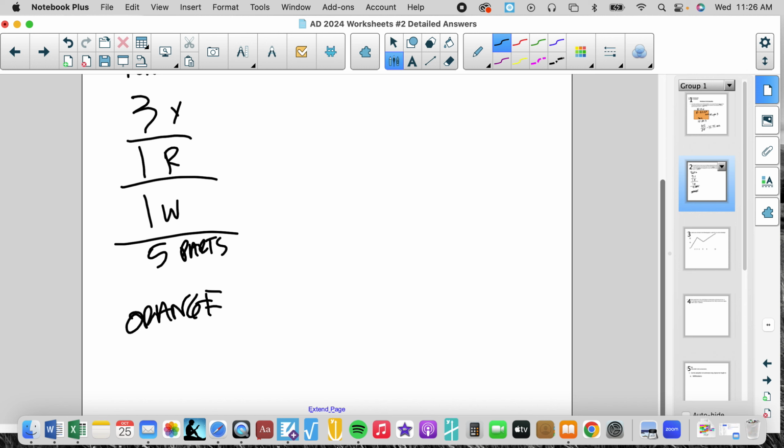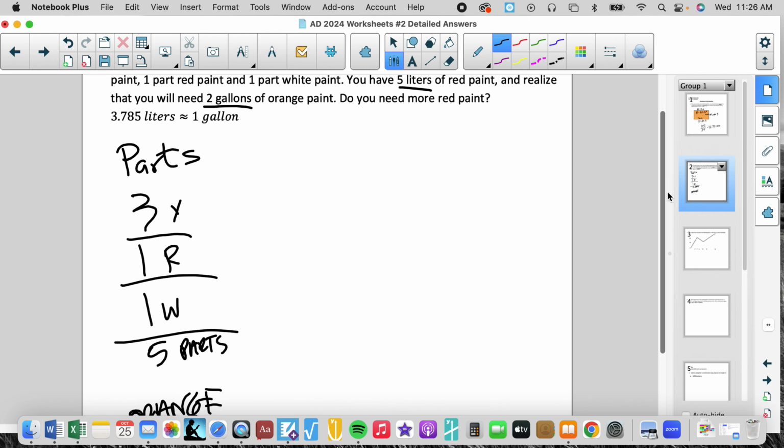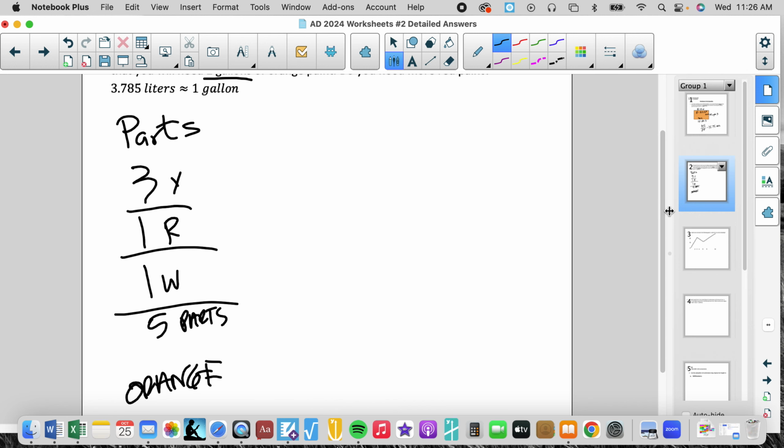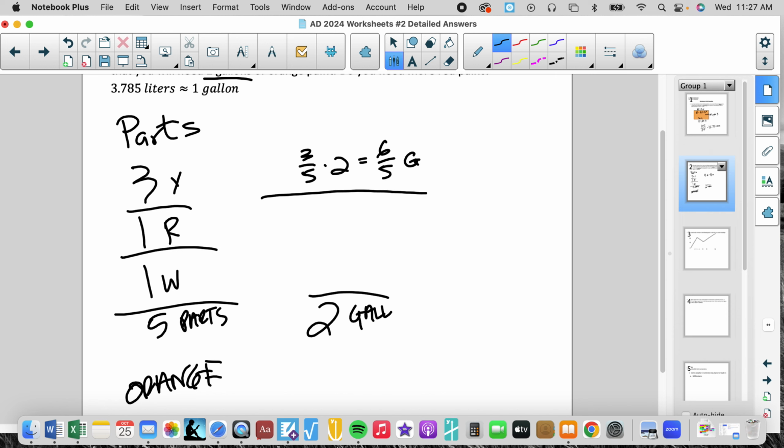All right, so the question is if we have gallons. So let's do gallons. If we have 2 gallons, what is the proportion? Well, yellow is 3 of 5 parts, so we would take 3/5 times 2, which means that we would have 6/5 of a gallon for yellow.